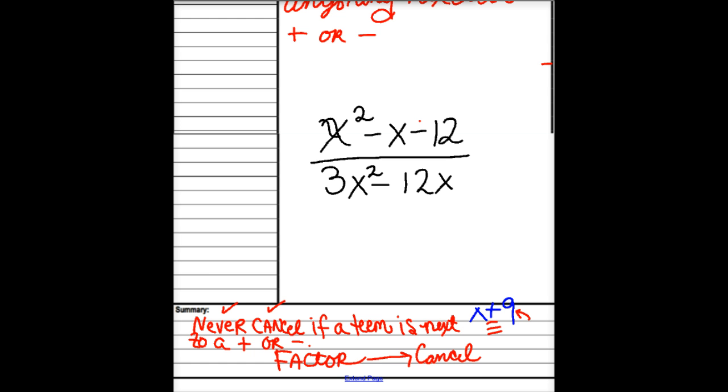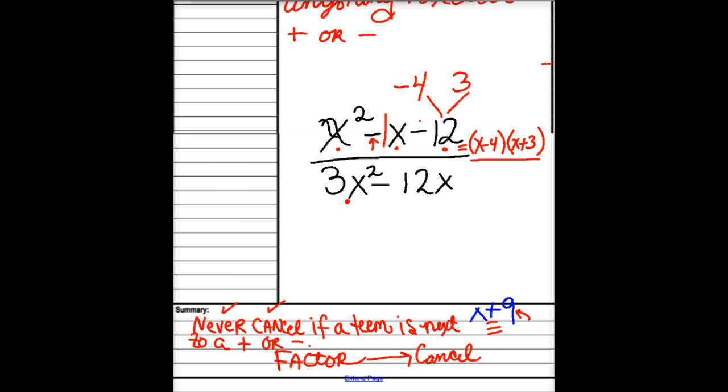So nothing cancels. I factor it first. So I go to the top and I say, can I pull anything out of any of these? No. I insert the invisible -1 so I see it. This is a 3-termed one, so I go and I unfoil it. What multiplies to equal 12 that I can somehow get a 1 out of? Well, 4 and 3 comes to mind. Keep in mind I need to add up to a -1, so I need to have the negatives win out here. So I'm going to have an x minus 4 and an x plus 3 on the top. I'm hoping one of those is living on the bottom so I can wipe it out.